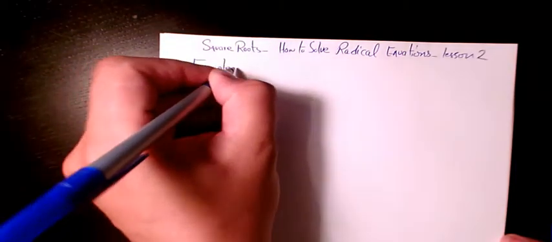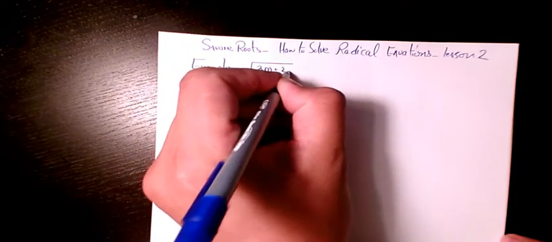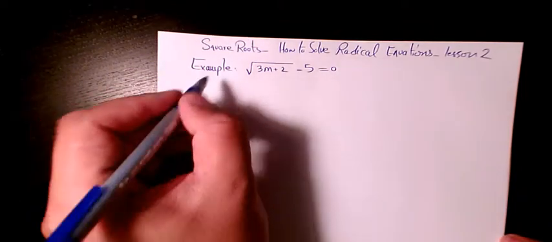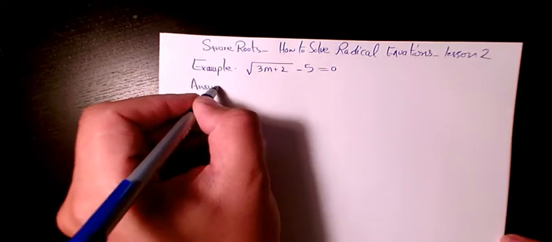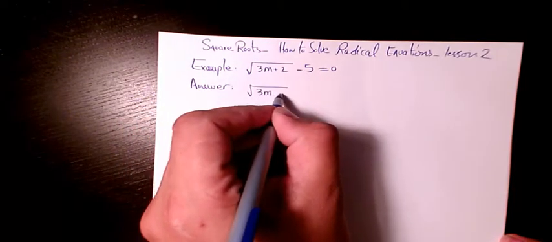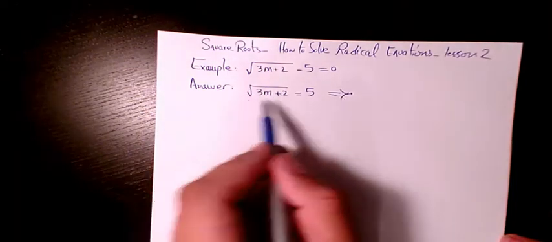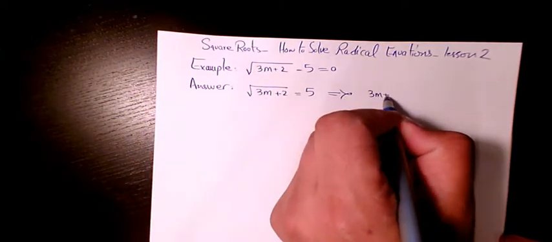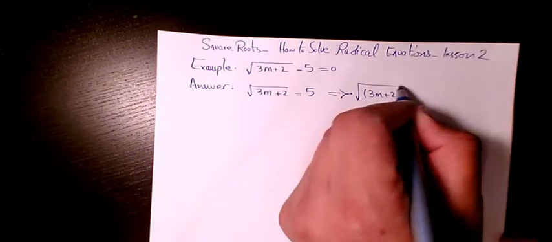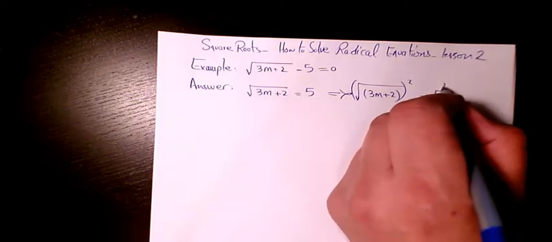with some more examples. First example I want to show you is square root of 3m plus 2 minus 5 equals to 0, and we need to solve it. Answer is, we can say root 3m plus 2 equals to 5, and then we square both sides. It's going to be (3m plus 2) to the power of 2, actually the bracket has to be here, equals 5 squared.